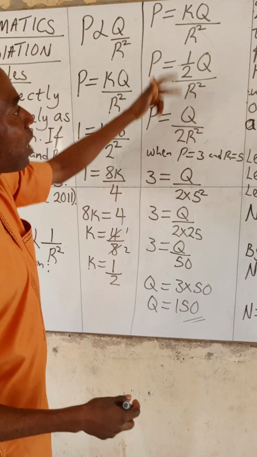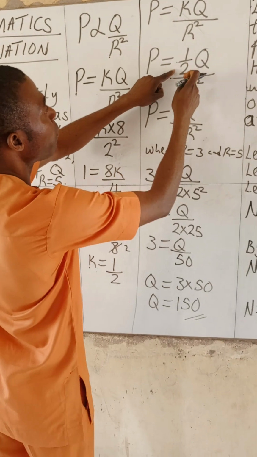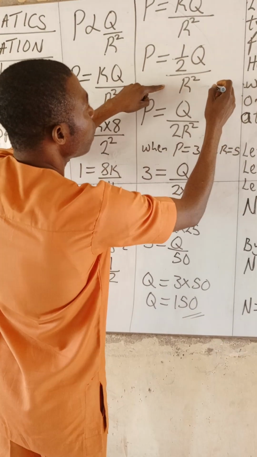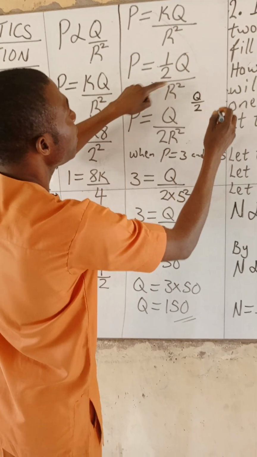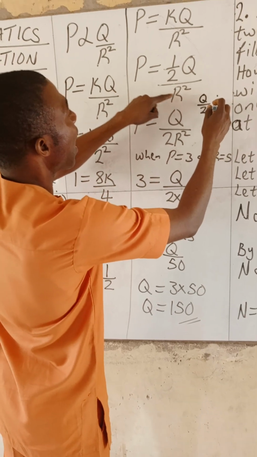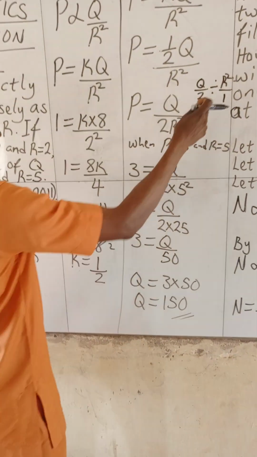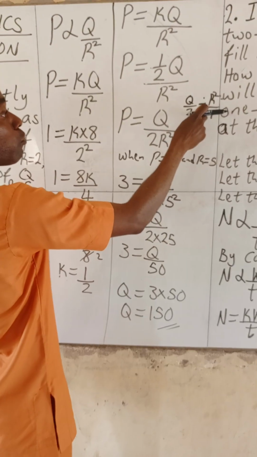So why do we have to push it down? Let's quickly do something here. Remember that 1 over 2 Q means Q divided by 2. So if you have Q divided by 2, then divided by R squared over 1, anytime we see division between fractions, we change it to multiplication.